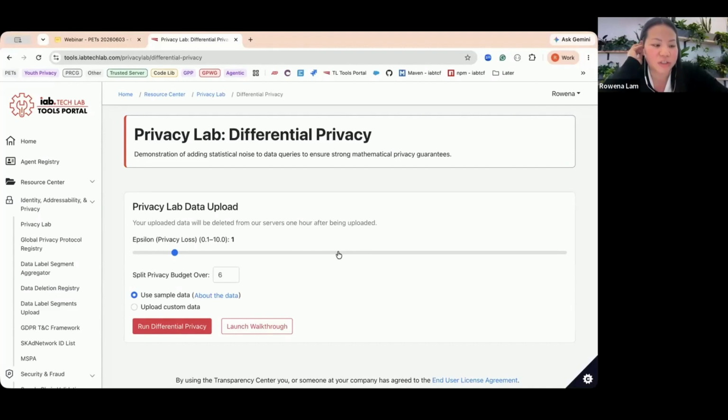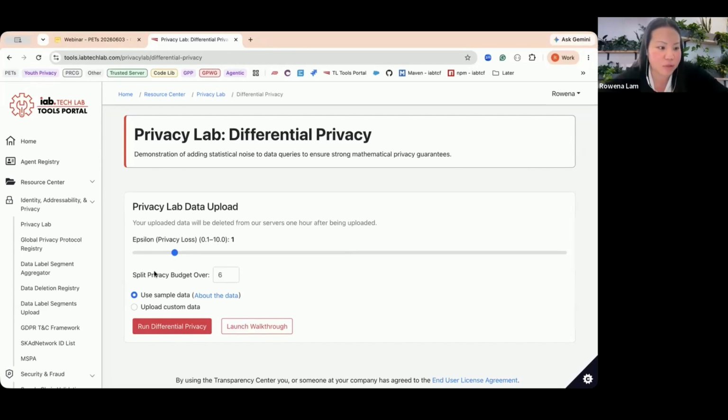And so what differential privacy is doing is adding calibrated mathematical noise to every query result. The noise is meant to be large enough to protect any individual's contribution to the answer, but small enough that the aggregate picture is statistically valid. The key parameter in differential privacy is epsilon, and you can think of epsilon as a privacy loss budget.